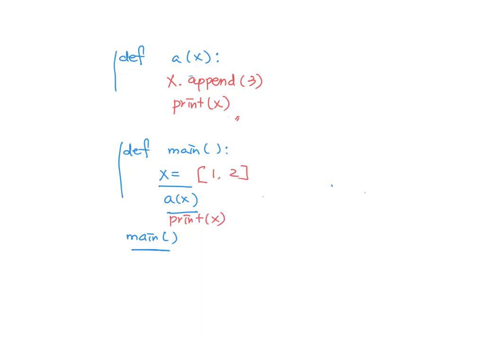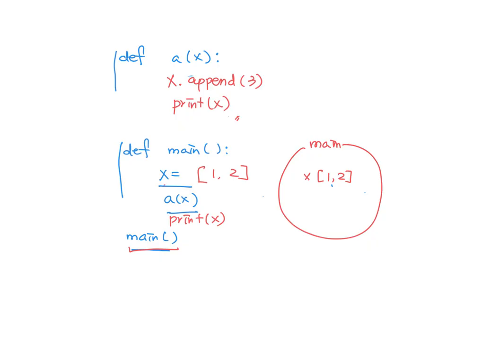What happens is, when you run the main function, in the scope of the main function, the list of 1 and 2 will be created with the name x.